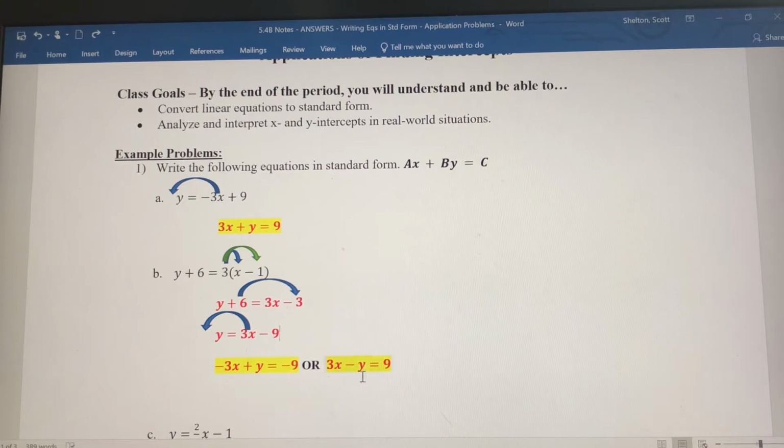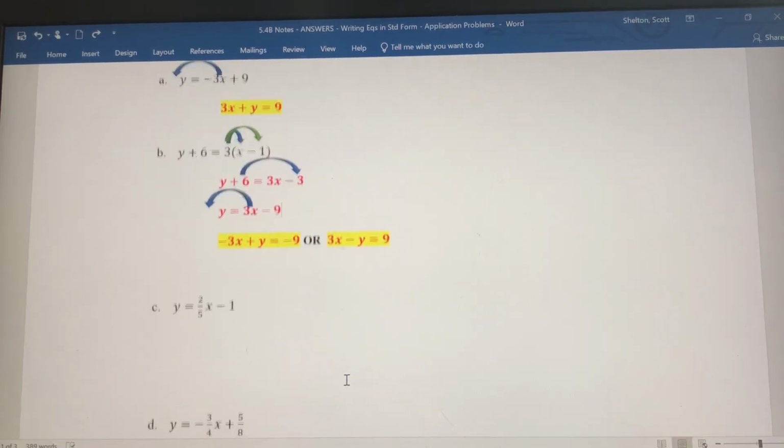Positive y becomes negative y, negative 9 becomes positive 9, okay? These two equations are equivalent, okay? Both of them are considered to be in standard form, but in some cases, you might want that a value to be positive, and if so, you would have to change everything, that sign there by multiplying by negative 1, okay? All right, let's move on to part C here.